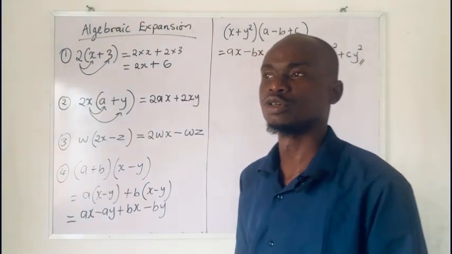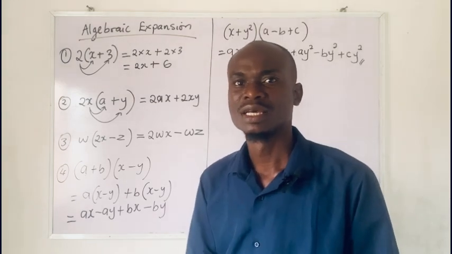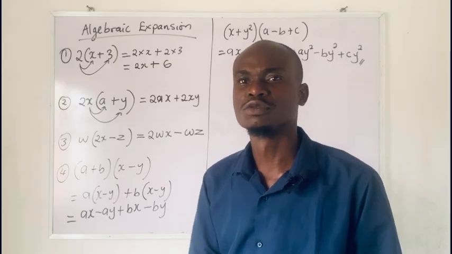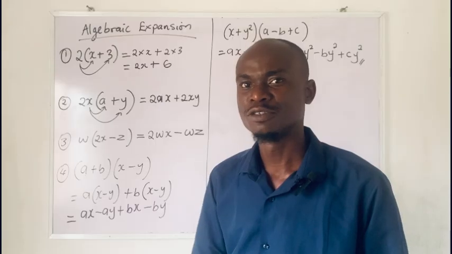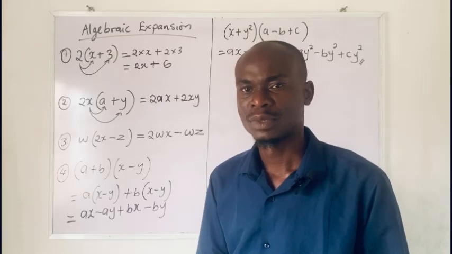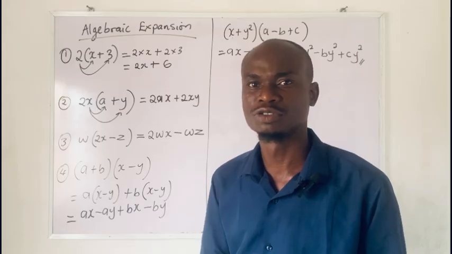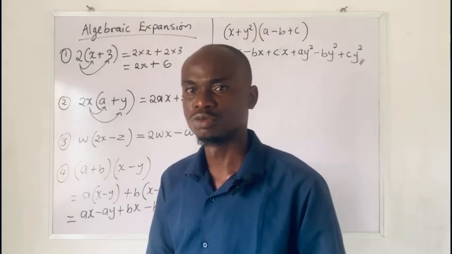So the next thing I want us to look at in this video, as far as expansion is concerned, is difference of two squares. Difference of two squares can make your expansion very easy whenever you find them. Whenever you find a difference of two squares, your expansion becomes extremely easy and fast if you can apply it. So let's see how to do that.